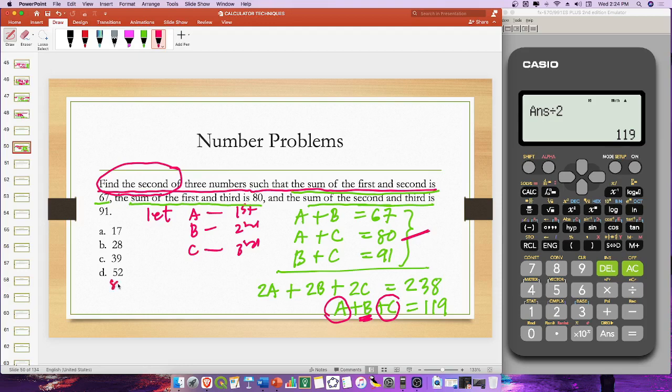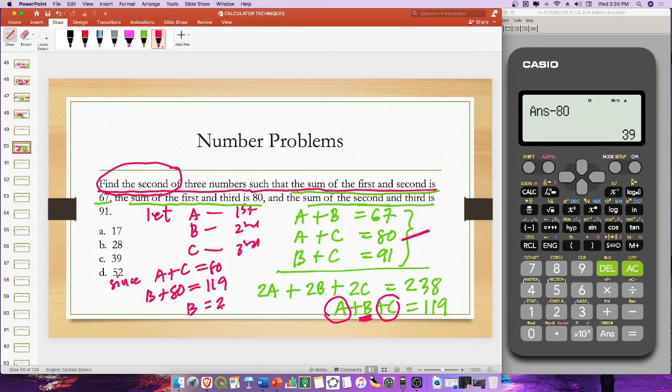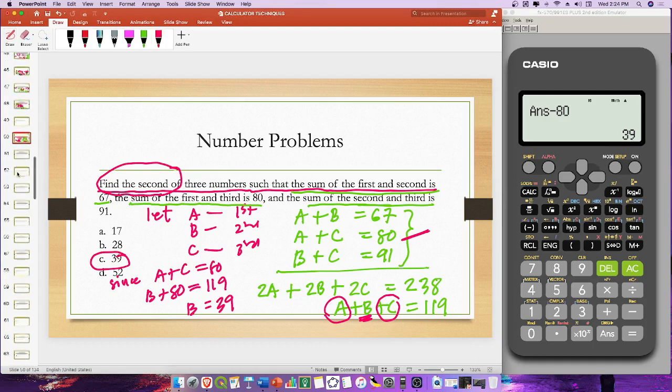Since A plus C equals 80, then A plus B plus C can be written as B plus 80 equals 119. Then you can solve for B, which is 119 minus 80. So I have here in my calculator 119. I will subtract 80. That will be my second number. So 39 is my second number. So this will be your answer.